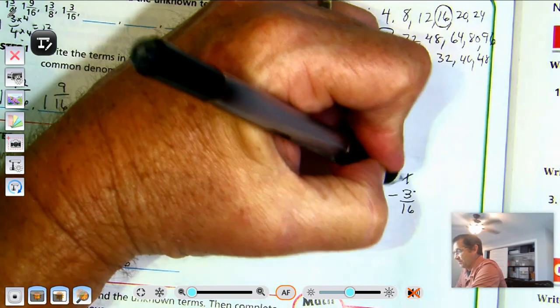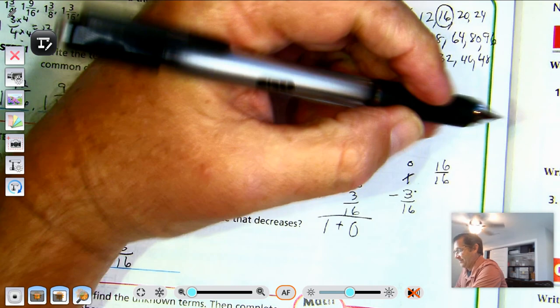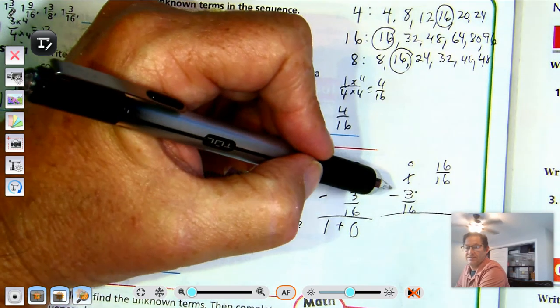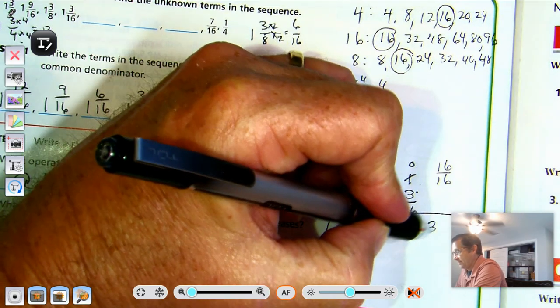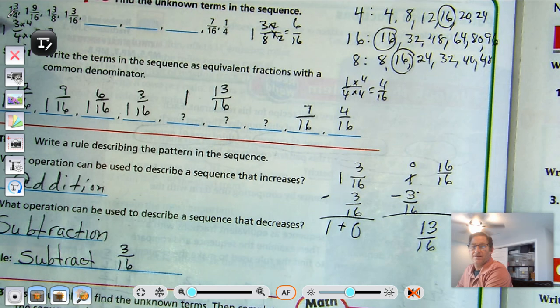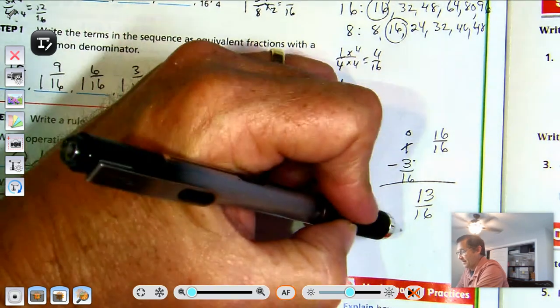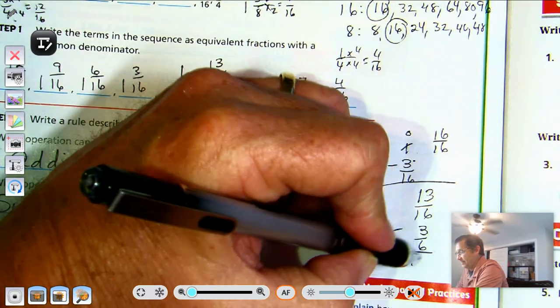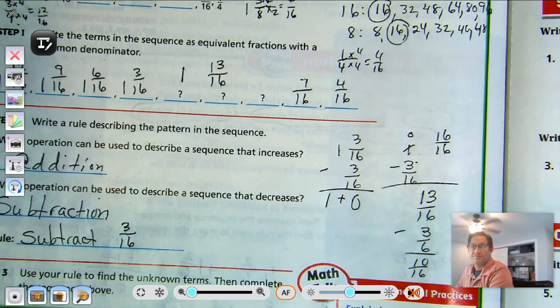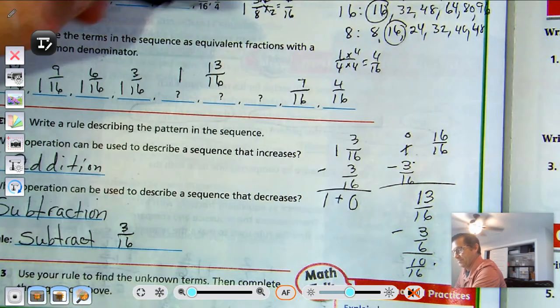Well, I can regroup the 1 as 16/16. 16/16 take away 3/16 is 13/16. And 13/16 take away 3/16 is 10/16. 10/16.